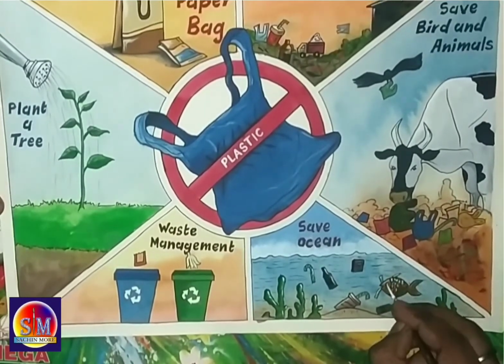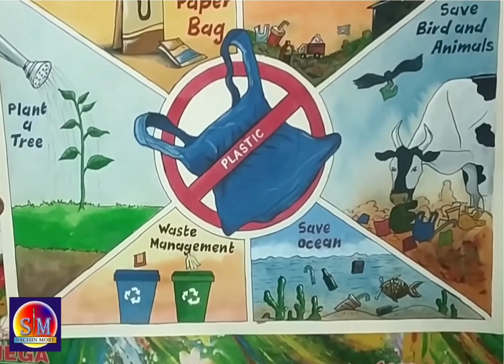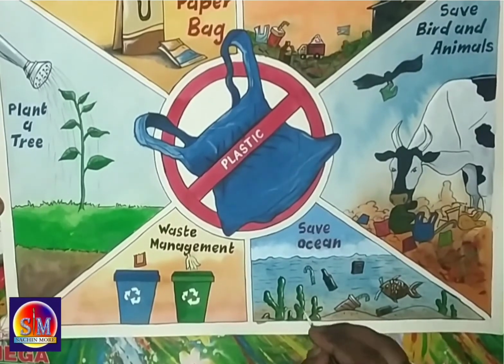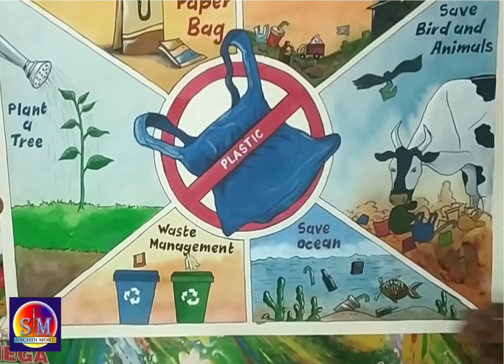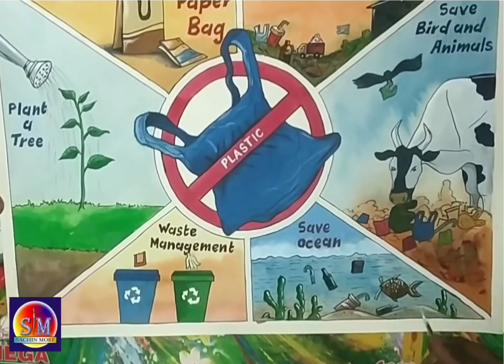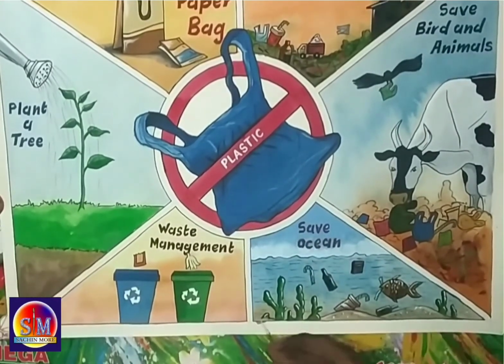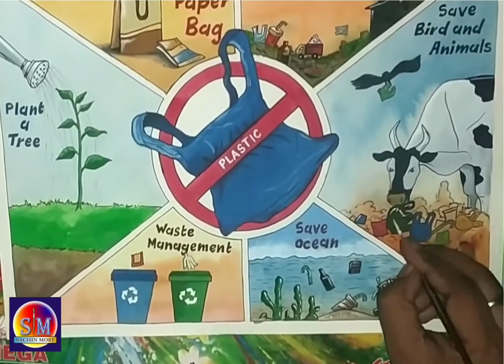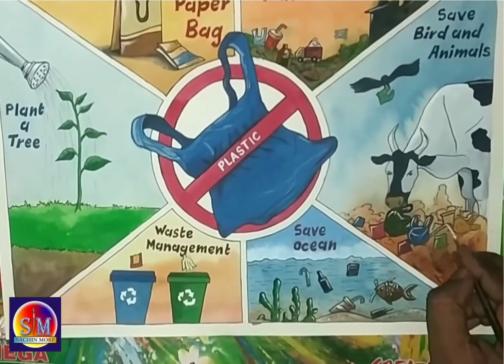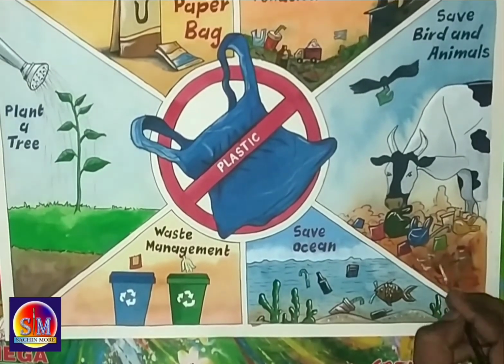I hope you understand this demonstration and how to draw a poster design related to a topic. You can make a poster design for a school event or a sports event. Also you can make a poster for your product like an advertising.